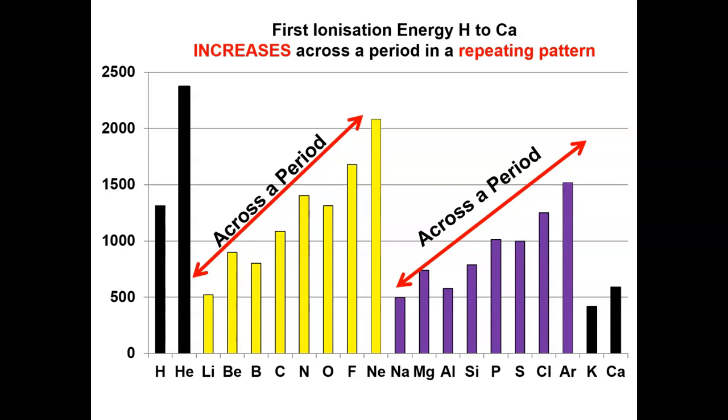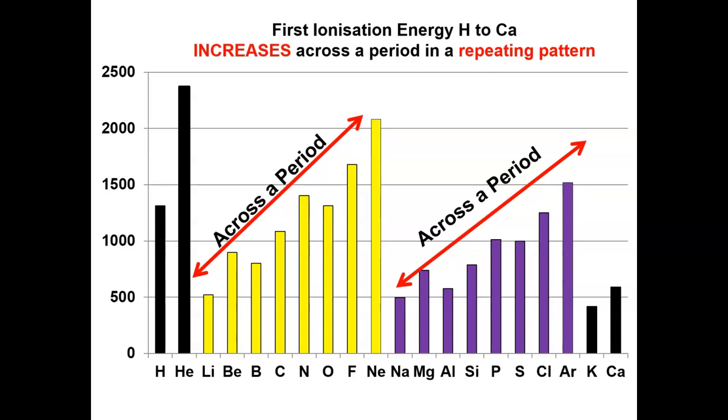Well, within our bars and within our numbers, you can clearly see some obvious repeating patterns. These are known as periodic functions or periodicity. First of all, if you look at the yellow bars, that takes us from the sequence lithium across to neon. These are the electrons in period 2.